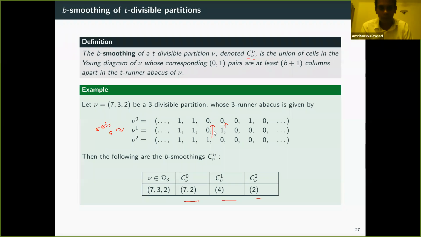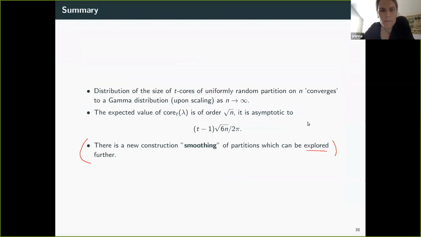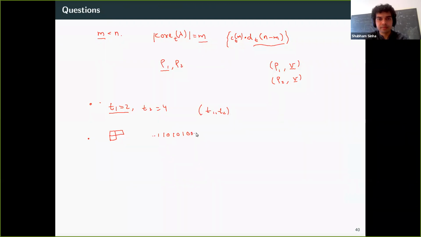Maybe I can take, for example, 2 1, which is 1 1 0 1 0 1.